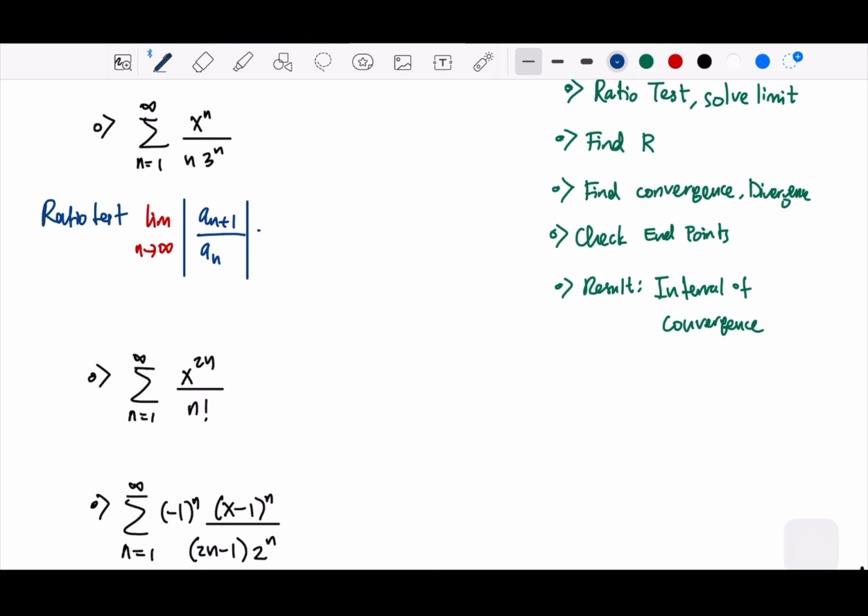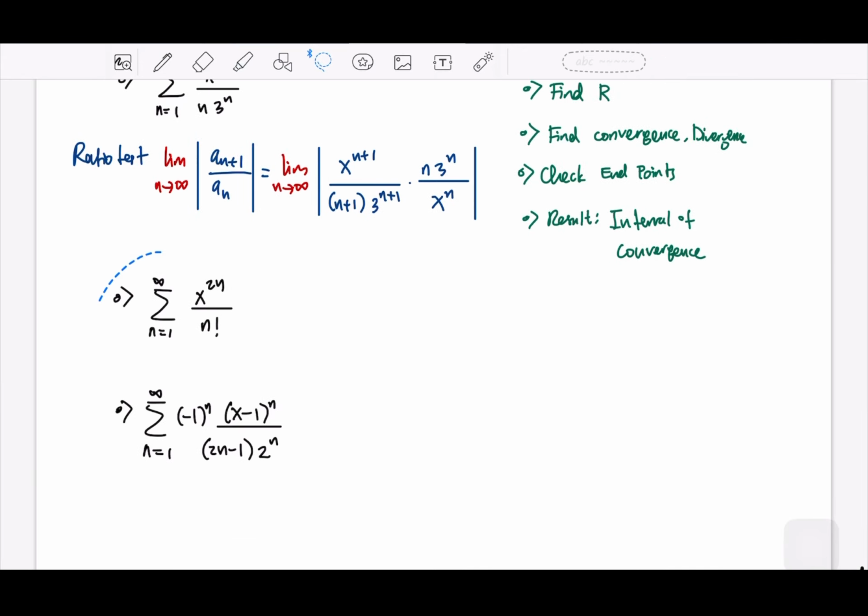Okay, and then take the limit. So this will be x^(n+1) over n+1, and then 3^(n+1), and then multiply with n, 3 to the power of n, and x to the power of n, right?